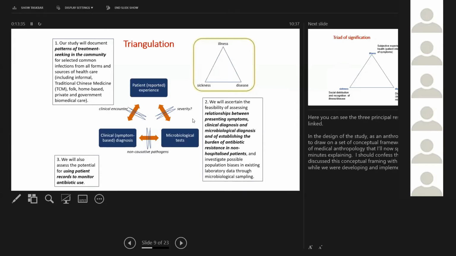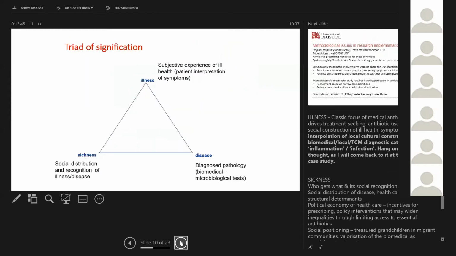And these three things are linked in the triangle on the top right, highlighted in yellow, which is a triangle of signification, which is well understood in the field of medical anthropology and has been used as a theoretical construct for many years.